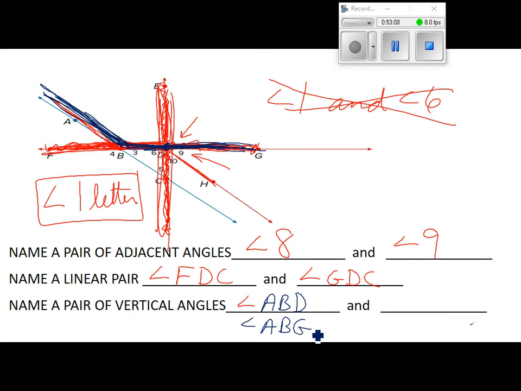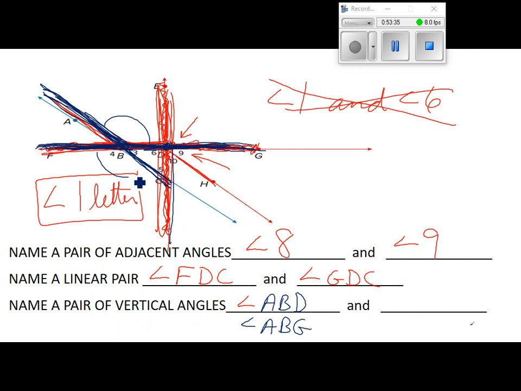We want the angle that's vertical to that. F, D, C, that one. Oh, I mean FBC, my bad. FBC. So it goes from F to B to C. Does everybody agree with that? So we did this angle. Is this angle the angle that's vertical to it?